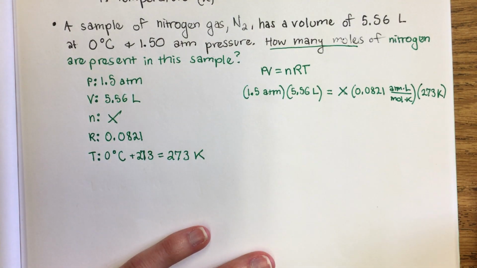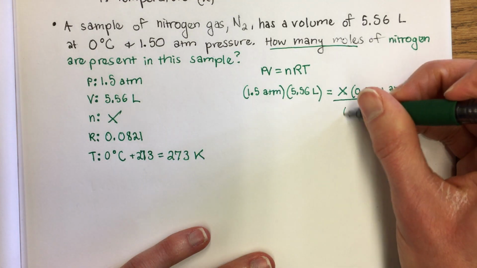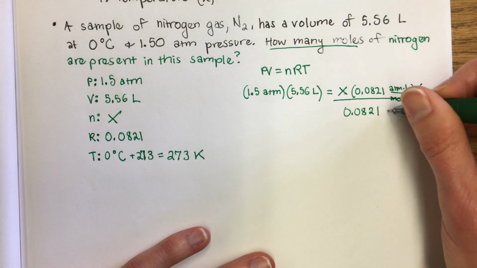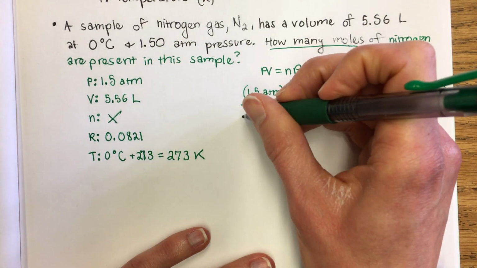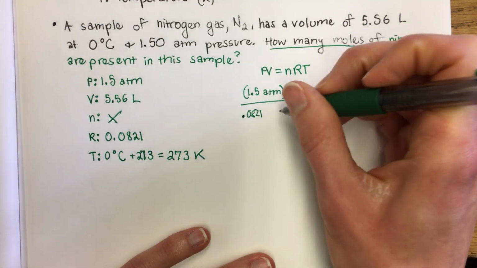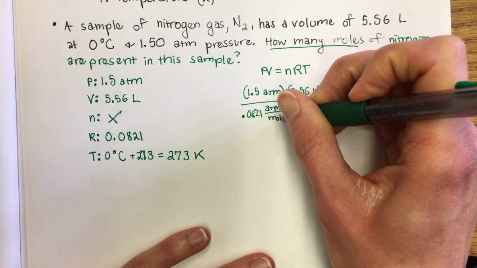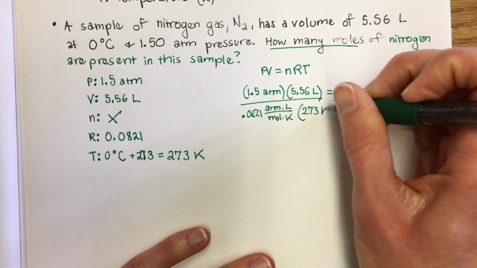To solve for x, I need to divide by everything on this side. So we'll divide by 0.0821 times 273, with the units ATM liters over mole Kelvin, and 273 Kelvin.